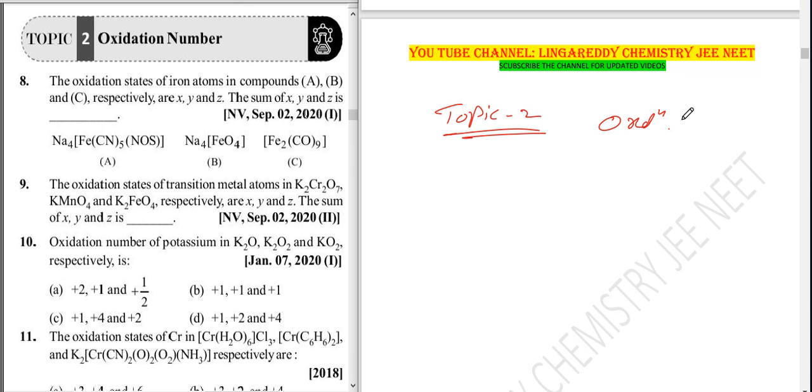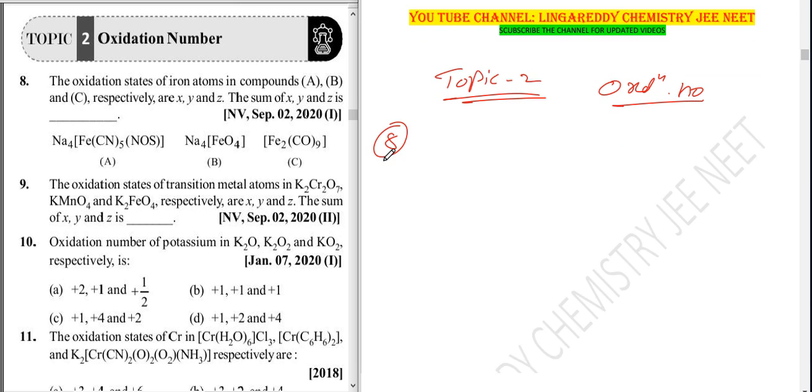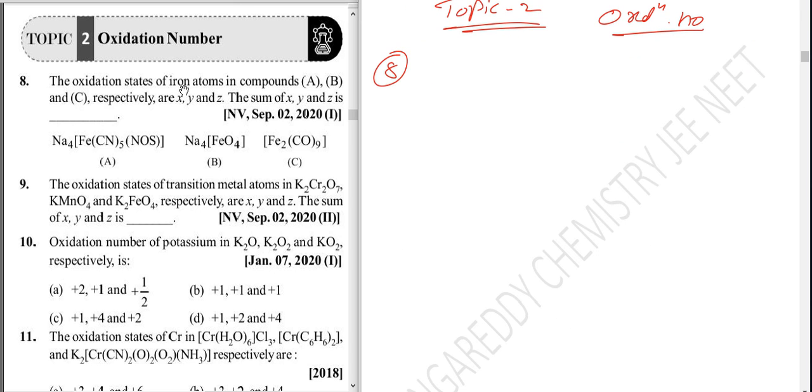Oxidation number, right? Question number 8. The oxidation states of iron atoms in compounds A, B and C respectively are X, Y, Z. The sum of X, Y, Z is, X plus Y plus Z equals how much?